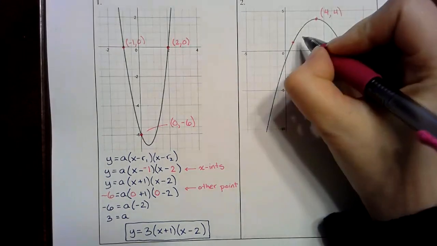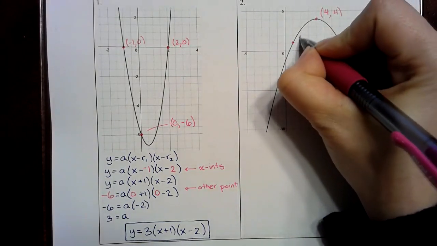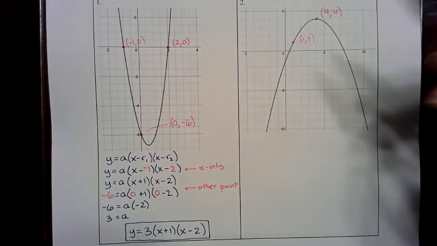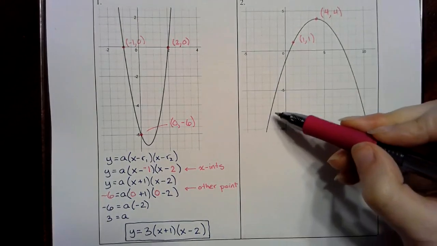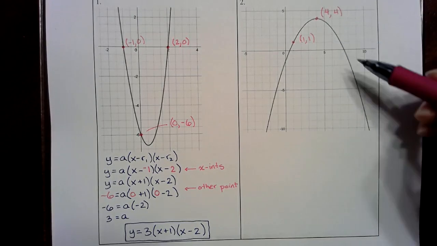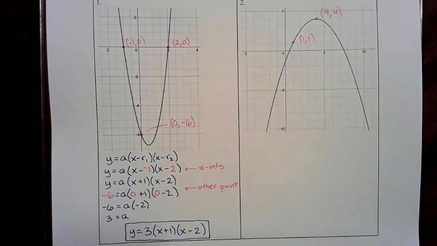And it looks like I have that other point here at (1, 1). But I don't have to use that one. I could have instead used (-2, -8), or (4, 1), or any of the other points on this parabola that are at nice intersections.